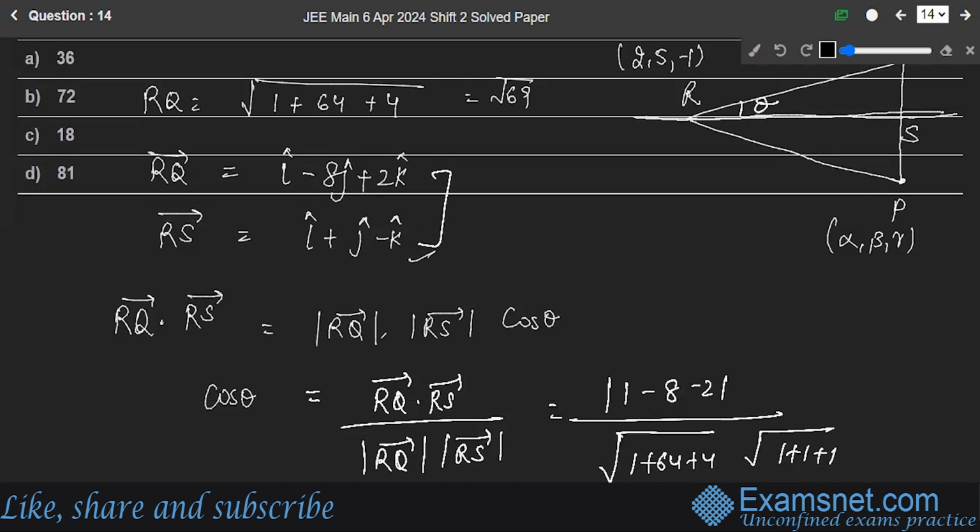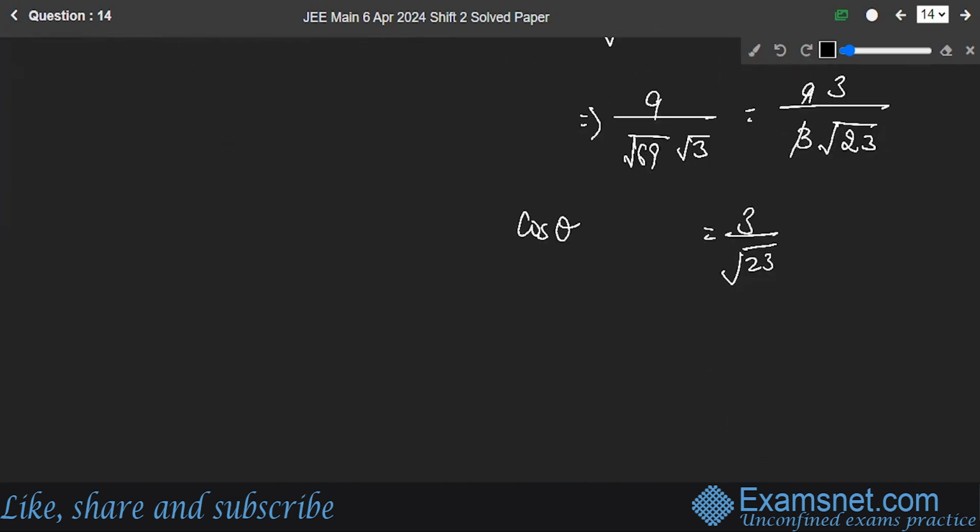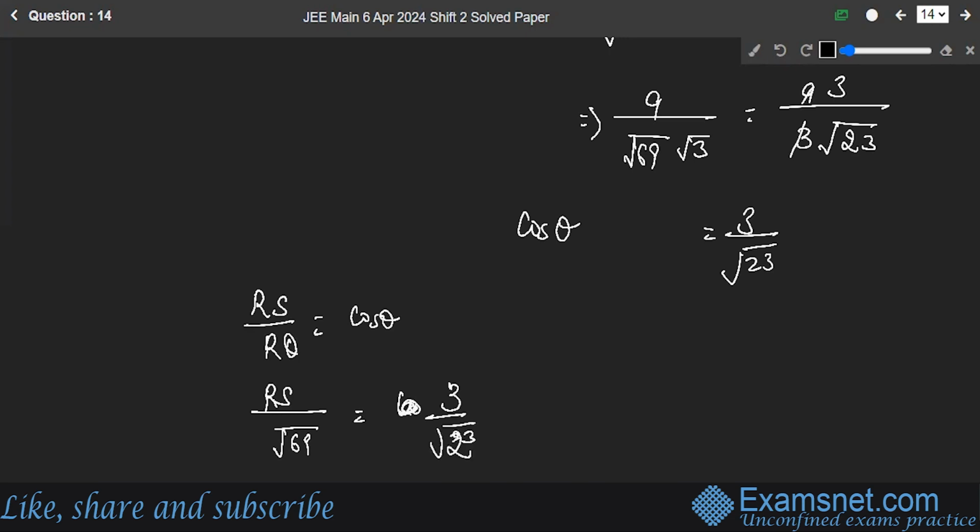Okay. Now you have RS upon RQ equal to cos theta. I'm applying the trigonometric ratios. RS is something I need to find out. RQ was root of 69 and cos of theta is equal to 3 upon root of 23.